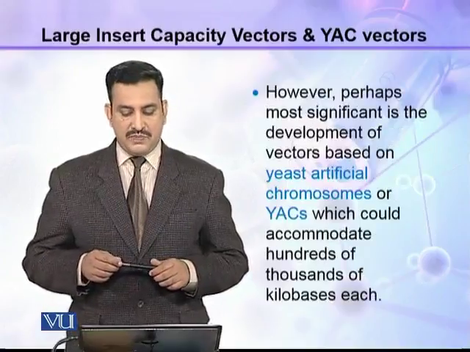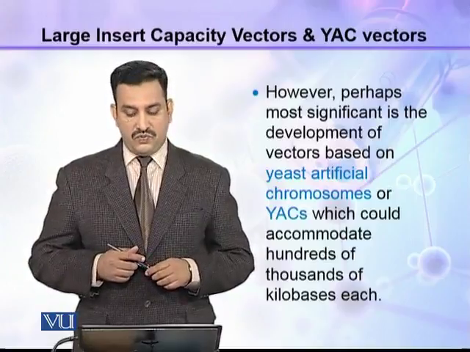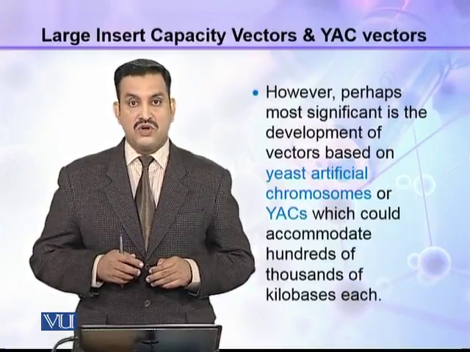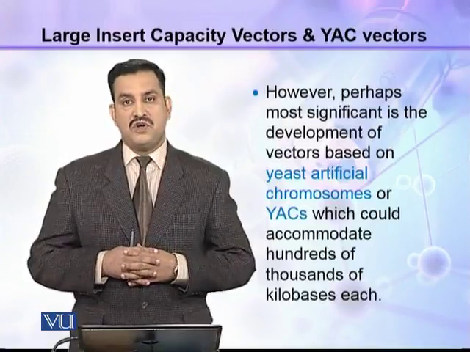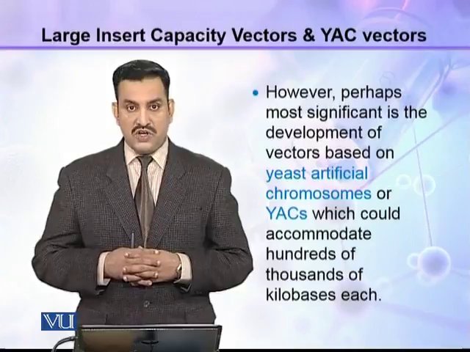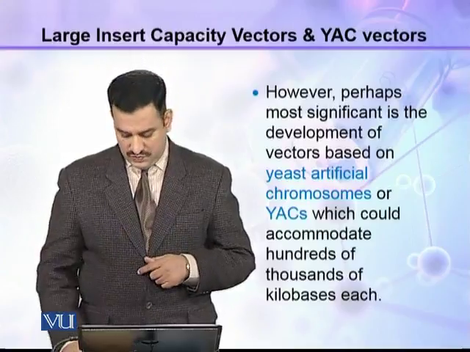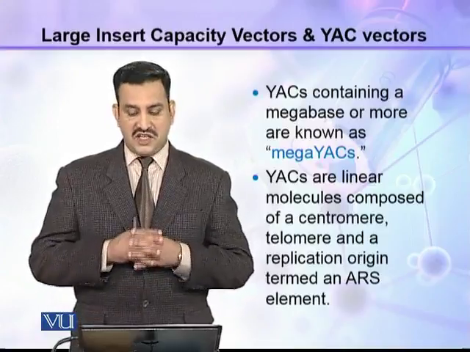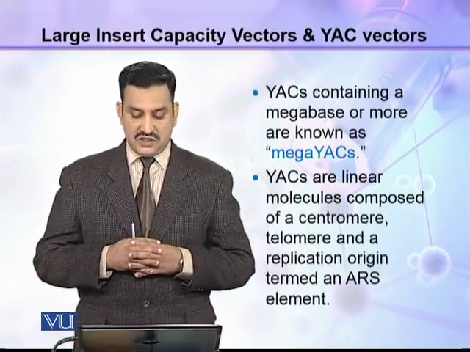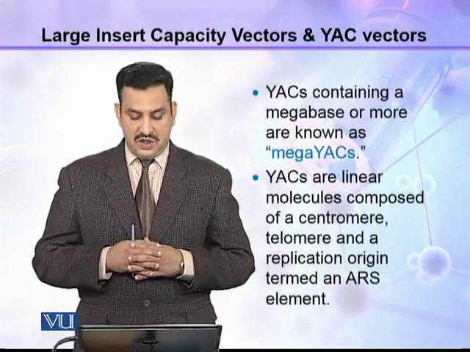However, perhaps most significant is the development of vectors based on yeast artificial chromosomes, or YACs, which could accommodate hundreds of thousands of kilobases each. YACs containing a megabase or more are known as mega YACs.